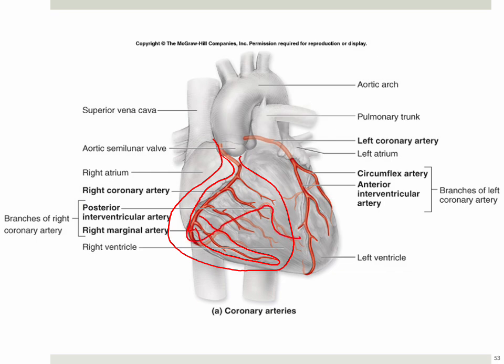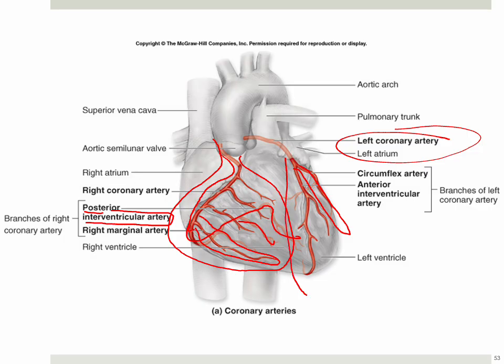This one is shaded because it's in the back, on top of the posterior sulcus that is dividing those two ventricles. Now let's do the left side. We have the left coronary artery, and then we have the circumflex artery, but it's also going to divide into the anterior interventricular artery.